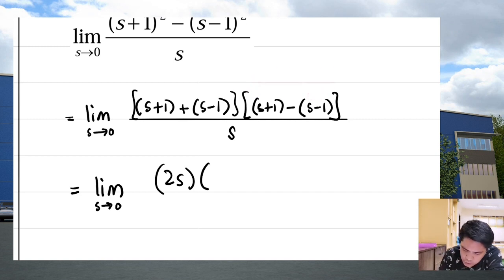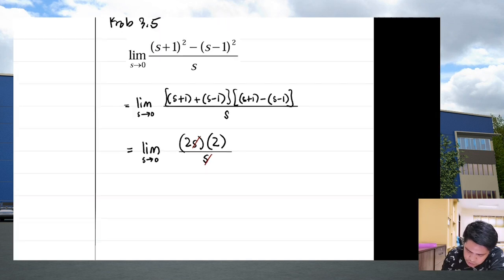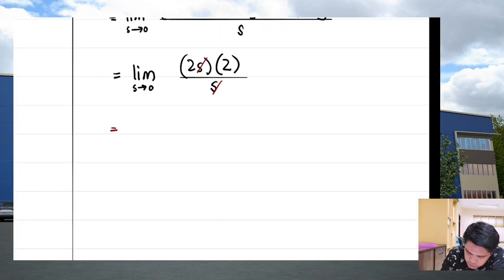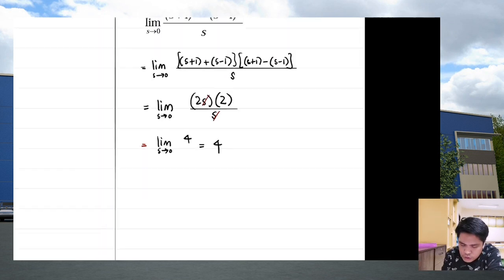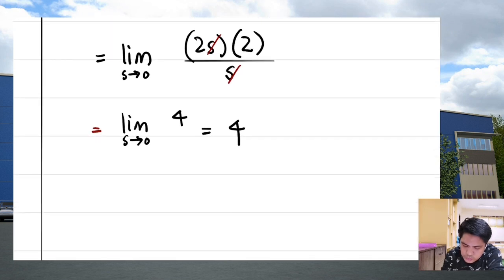So, that's 2. All over, sorry, we have over s. And we could cancel out s. Okay? Which is equal to the limit of 4 as s approaches 0. So, of course, the limit of a constant as the variable approaches to any value, that's still the constant, 4. So, our answer is 4.